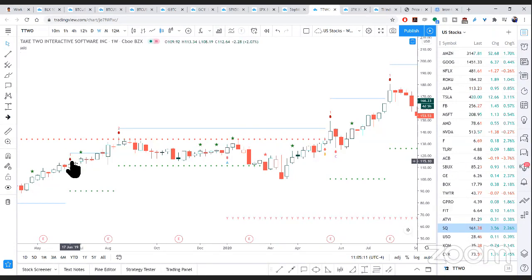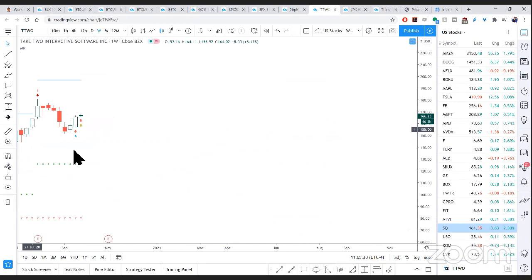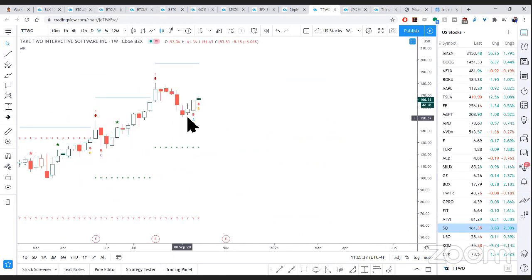So this MRI top created this A, this B, and this C. This MRI top does not kick off any extensions because it's a consecutive top. So now this MRI top kicks off the next set of extensions. And A and B just ended. C is still happening. And this MRI top just kicked off some more extensions.